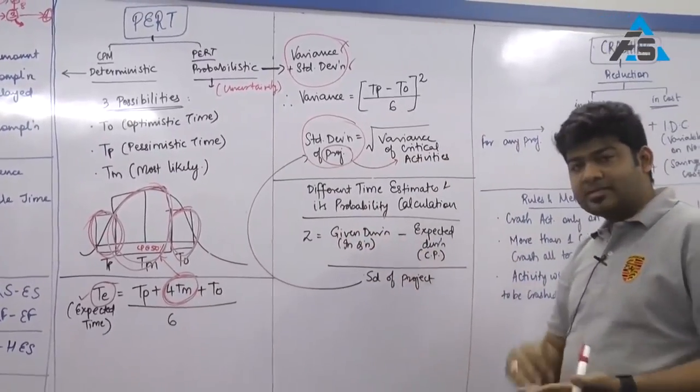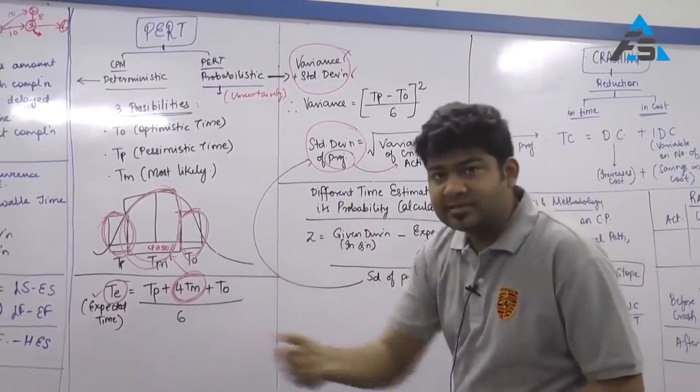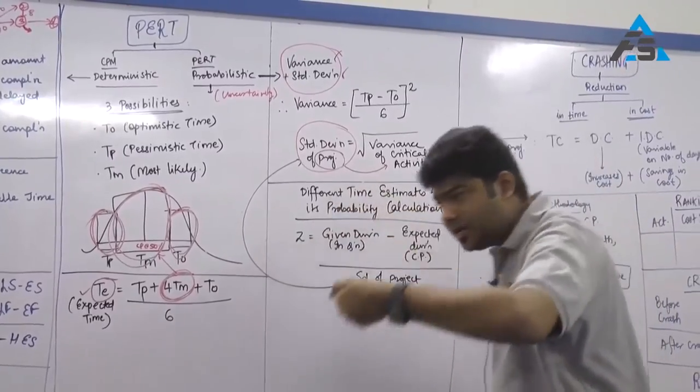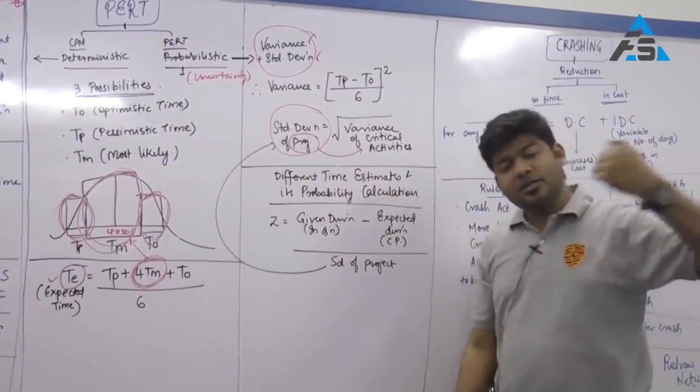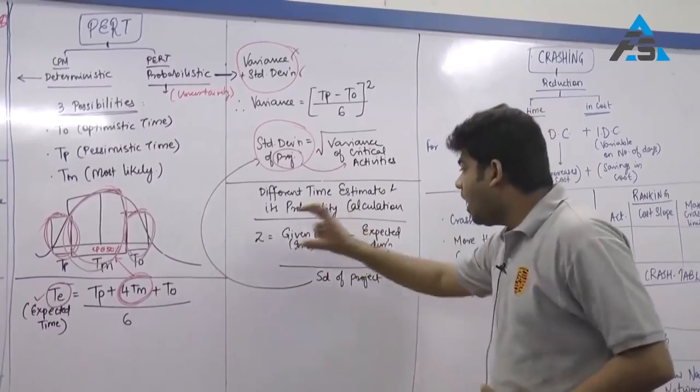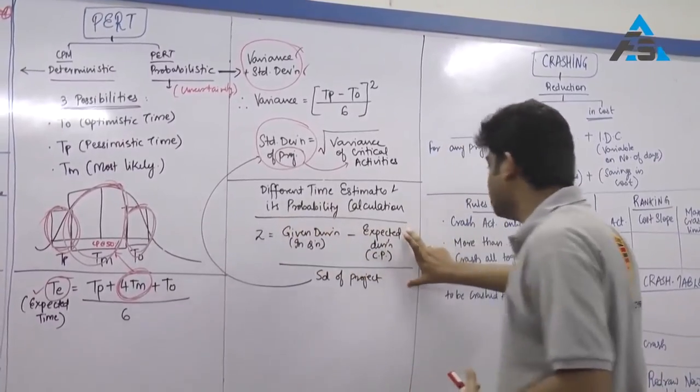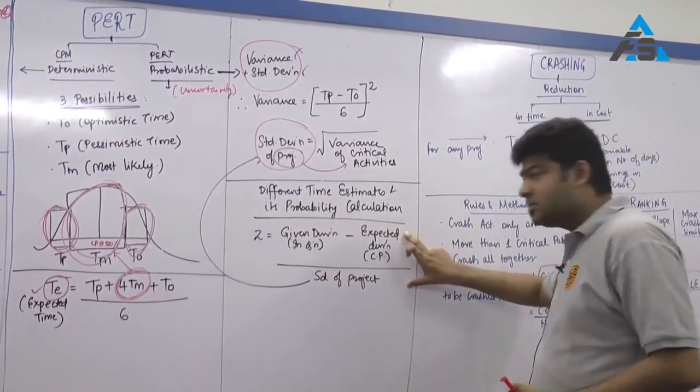In that way, they may ask that if you are given 25 days, then obviously the probability increases. If you are given 15 days, then obviously the probability decreases. How much the probability is going to increase or decrease will be calculated by this formula.